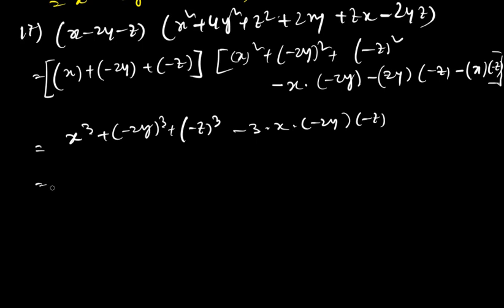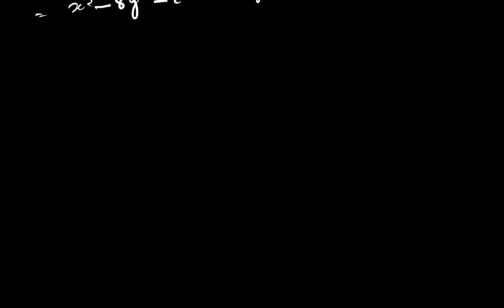So that will wind up to x cube minus 8y cube minus z cube minus 6xyz. So that's question number 17. Two more left and then the surprise for you.